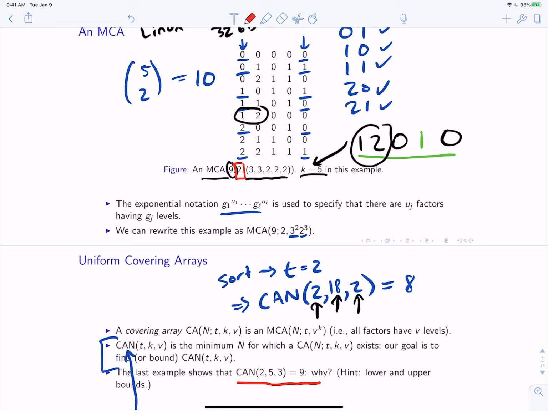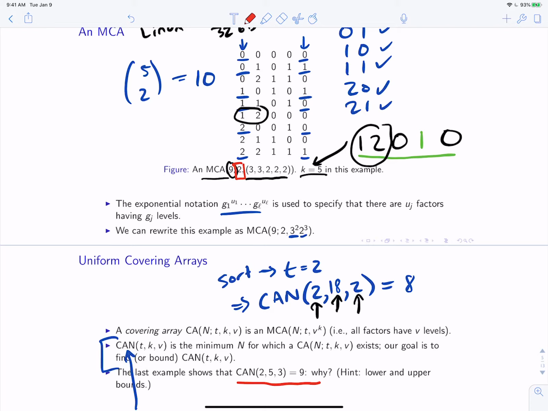And it says that because of the 2 columns with 3 values, with strength 2, T equal to 2, 3 times 3 is 9, so therefore we must have at least 9 rows. But in the mixed covering array we had 9 rows, so there's no possibility we could have done better.